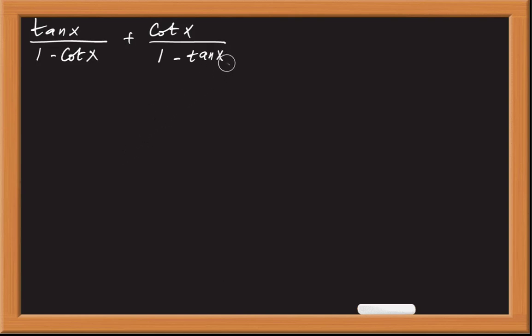We know tangent x is sine x over cosine x, and cotangent x is cos x over sine x. So on the first part we have tangent x is sine x over cosine x. Now the cosine comes to the denominator with the quantity 1 minus cotangent x, 1 minus cos x over sine x.